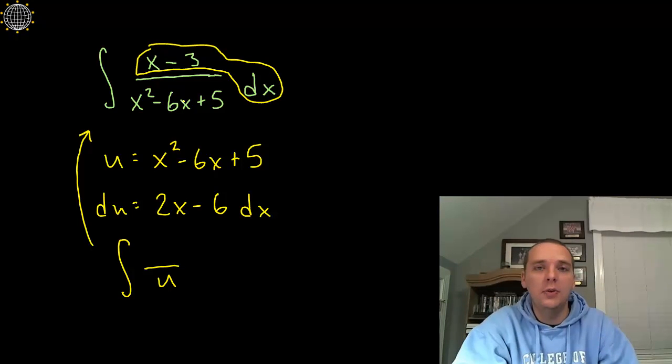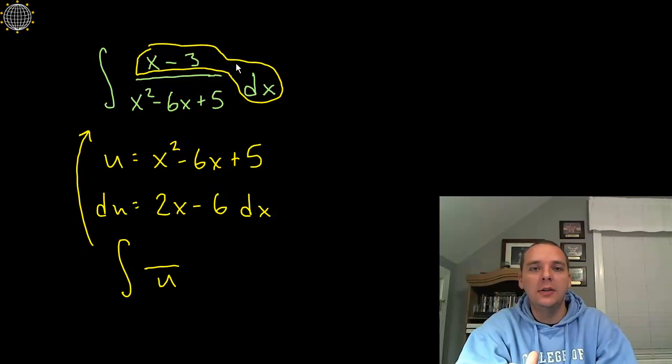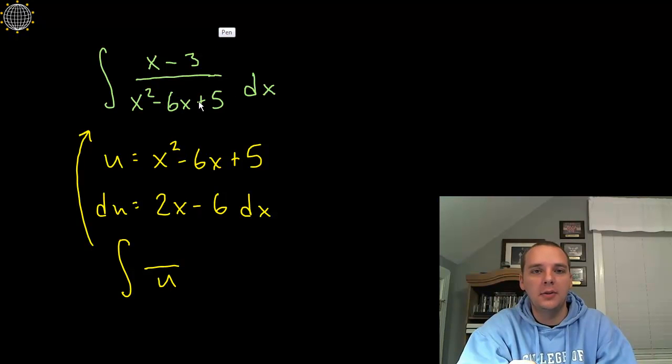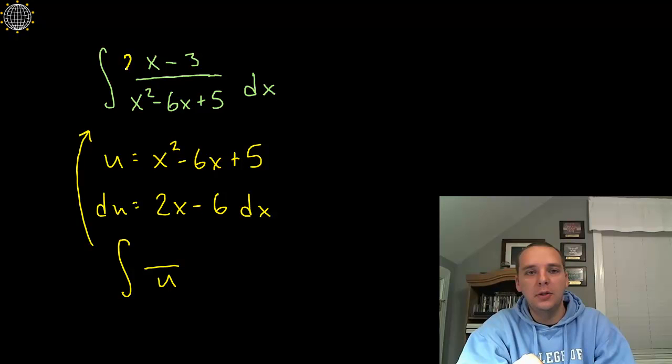But as we've known for some time now, you can very easily tweak what's in your integrand to work out relatively well if you fix a constant here or there. So here, if we have x minus 3 and I would like 2x minus 6, then what I can do is put a 2 in the numerator and balance it with a 1/2 on the outside.